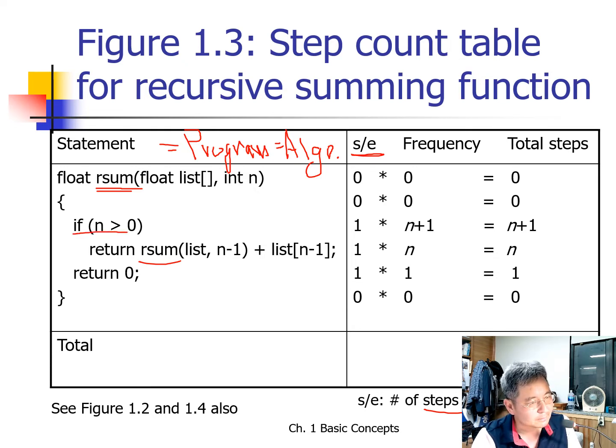The if line is one line we will execute in this program, so if is 1. And how many times will this line be called in these recursive functions? The data is n. Then this line will be called n plus 1 times.